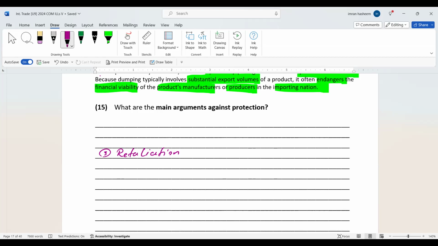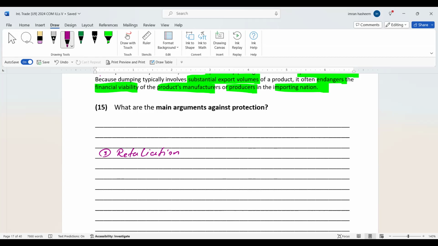Overall reduction in global trade. Right. Next.